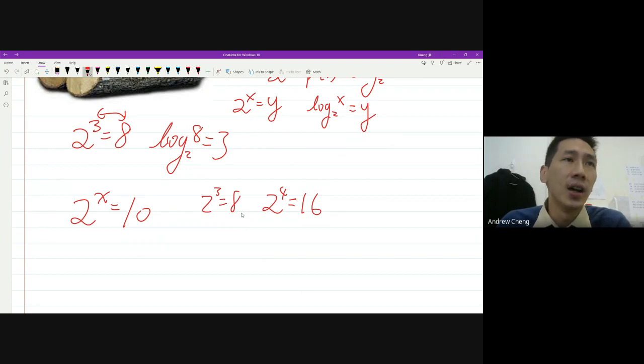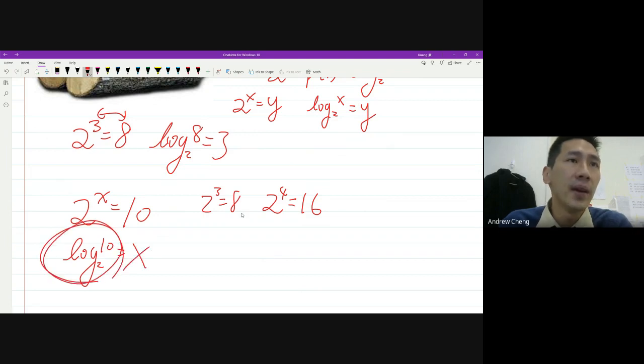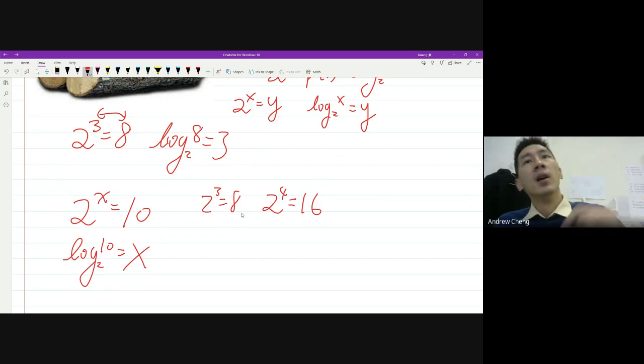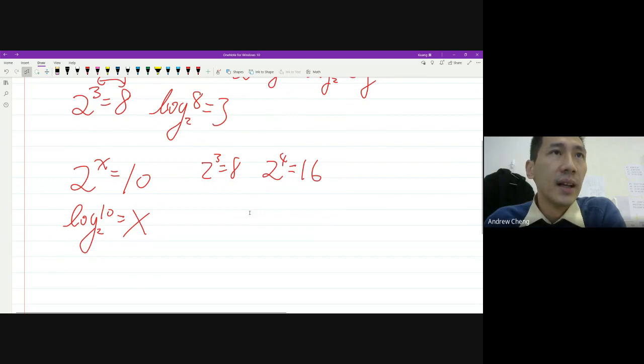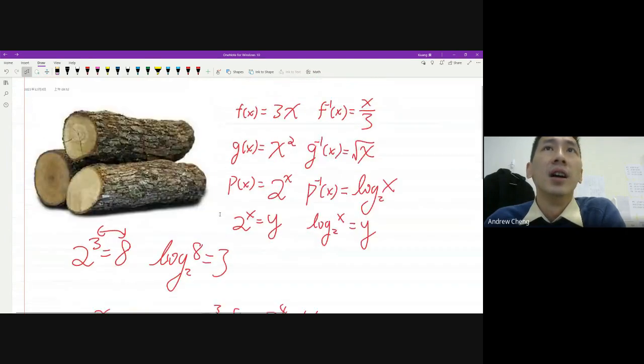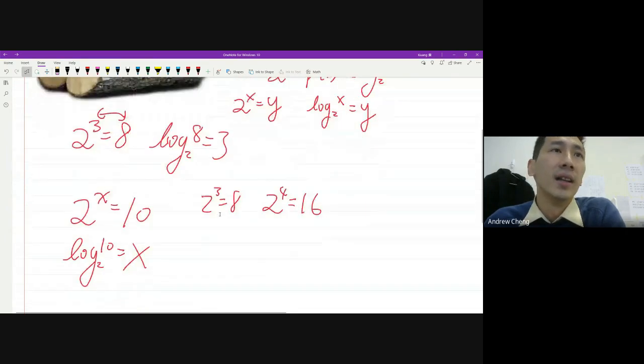So we can use log. Rewrite this with the same base, 2, put 10 here, and equal x. You type this into your calculator, and you can get the result of x. So this is basically why we need log.